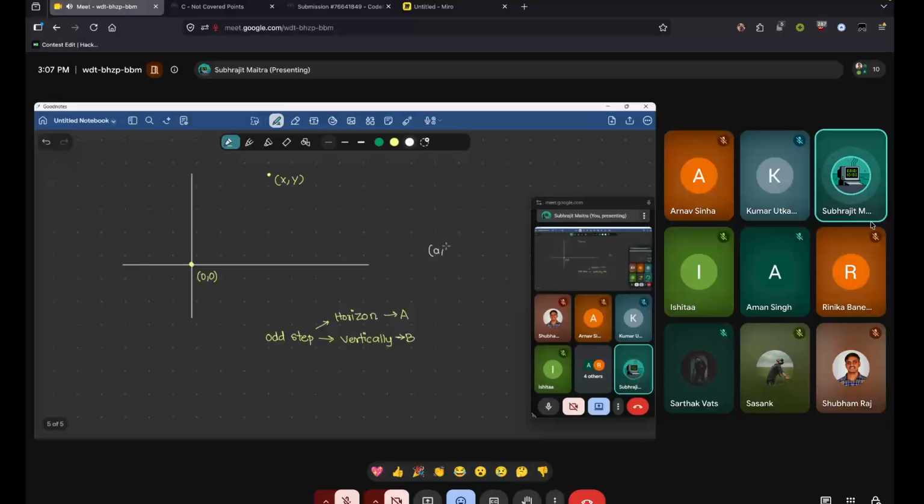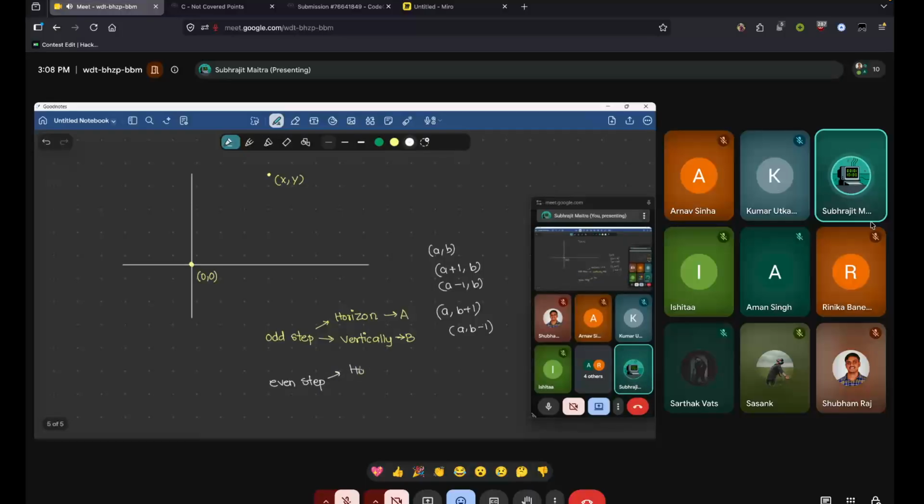Suppose I am at index A, B, then A plus 1, B, and A minus 1, B are horizontal moves. And A, B plus 1 and A, B minus 1 are vertical moves. We can move only one step, meaning plus 1 or minus 1 at each step. And another thing is, if it is an even step, then it reverses.